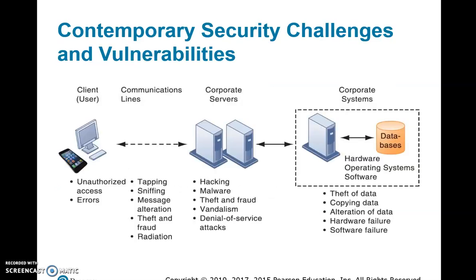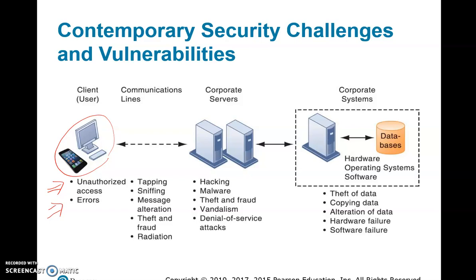Now, the contemporary security challenges and vulnerabilities can be described in this way. You have the clients, and these clients can have unauthorized access, or they can access with some errors.